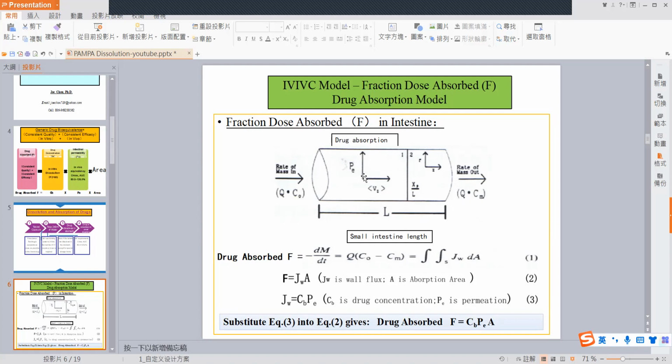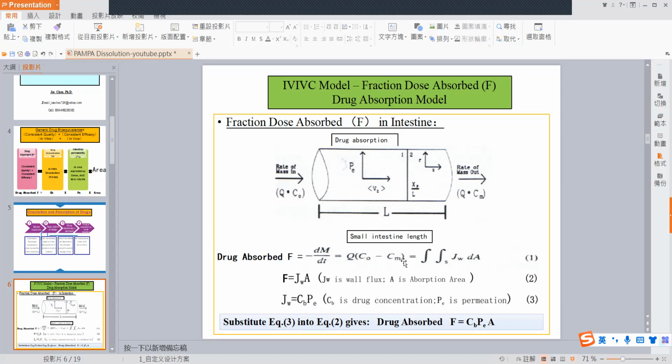Some drug will permeate to the side of the small intestine. So we can write such an in, out, and permeation mass balance, which is equation 1: the drug absorbed F equals dN divided by dt, equal to Q times C0 on the left side, minus Q times Cn on the right side.